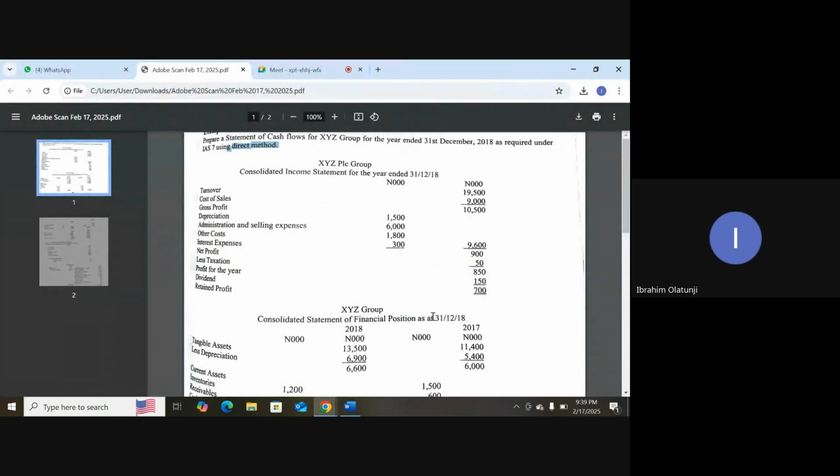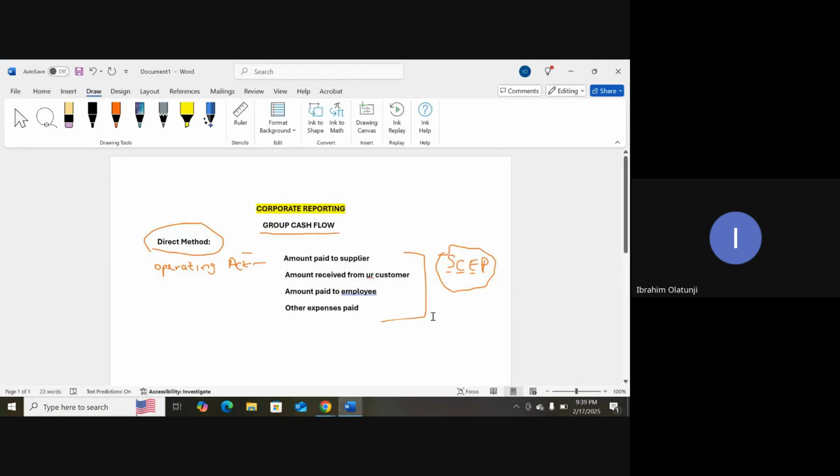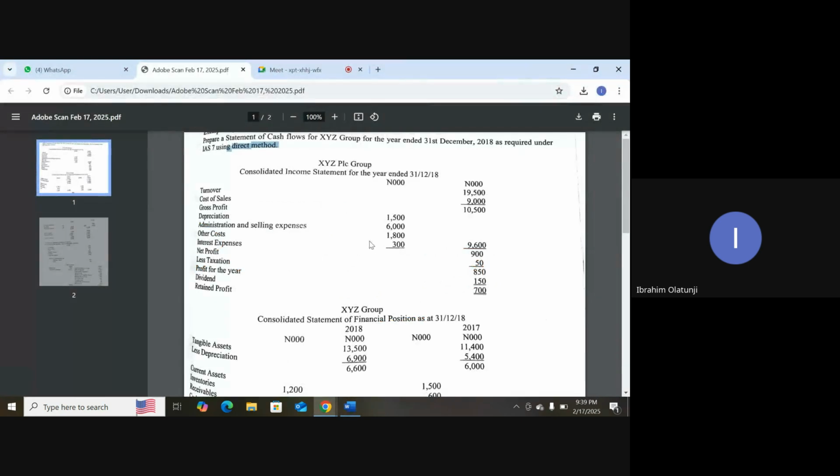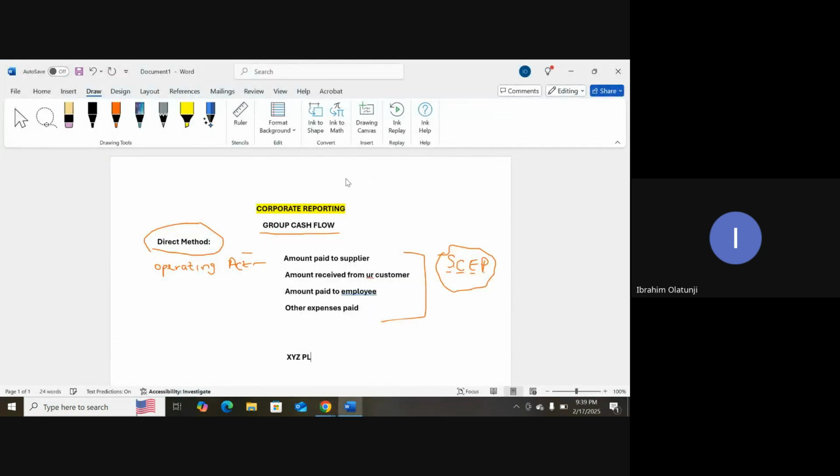I write the name of the company, which is XYZ. Then because it's a group cash flow, you say XYZ PLC Group.